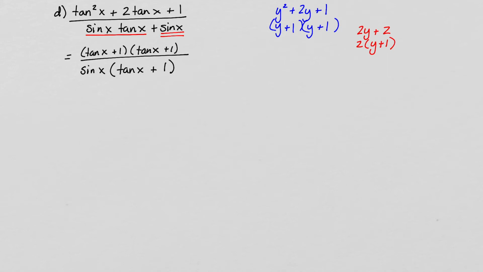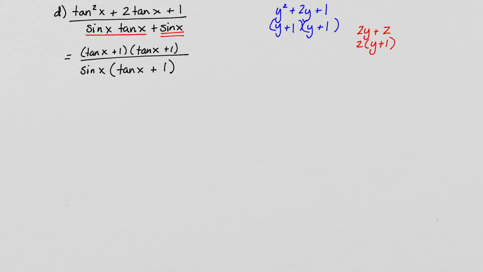So anytime you're trying to factor these things that have tangents in them, the first thing you want to do is think about it in terms of just like if it was a y. So take the trig part out, and if you have trouble factoring something, think of it like just an algebraic expression, like you would have done in Math 96 or 126.